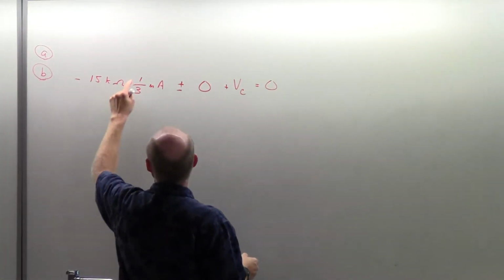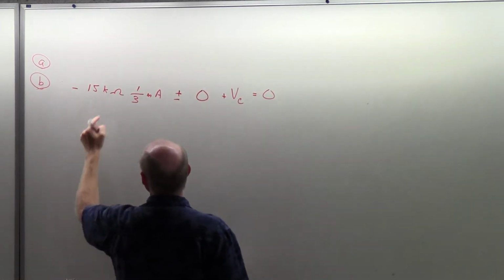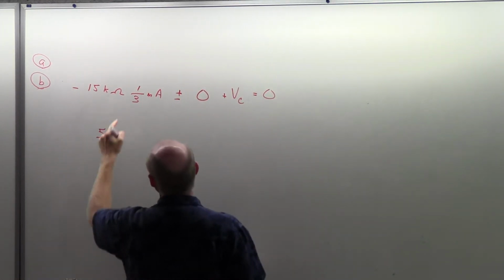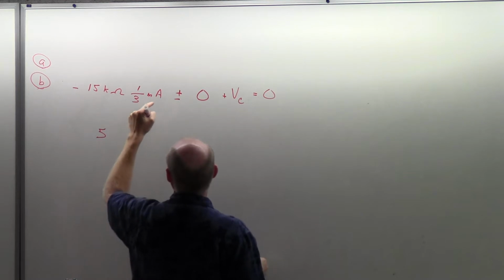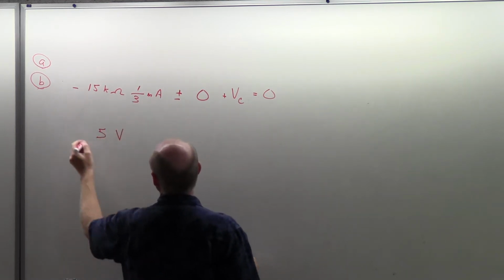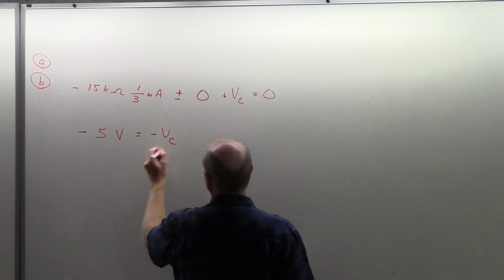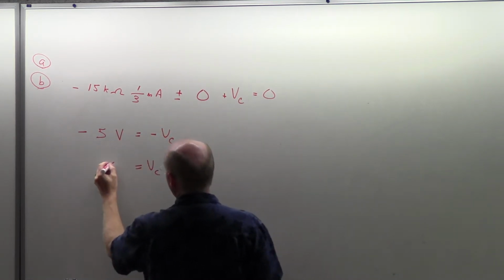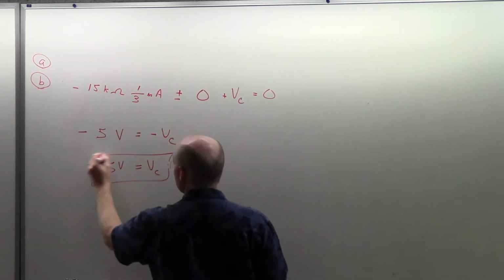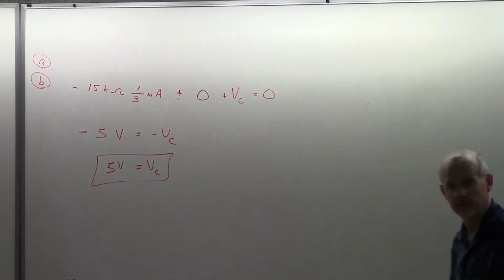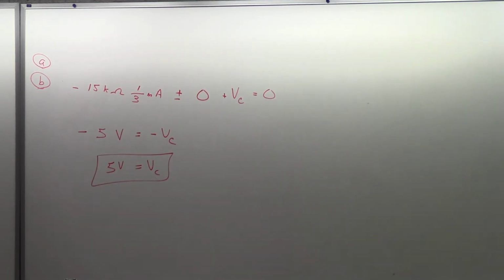And so 15 divided by 3 is 5. Kilo times milli cancels. Ohm times amp is a volt. So the voltage on the capacitor is 5 volts, right? A fraction of it, okay? And so that's how much it builds up to.